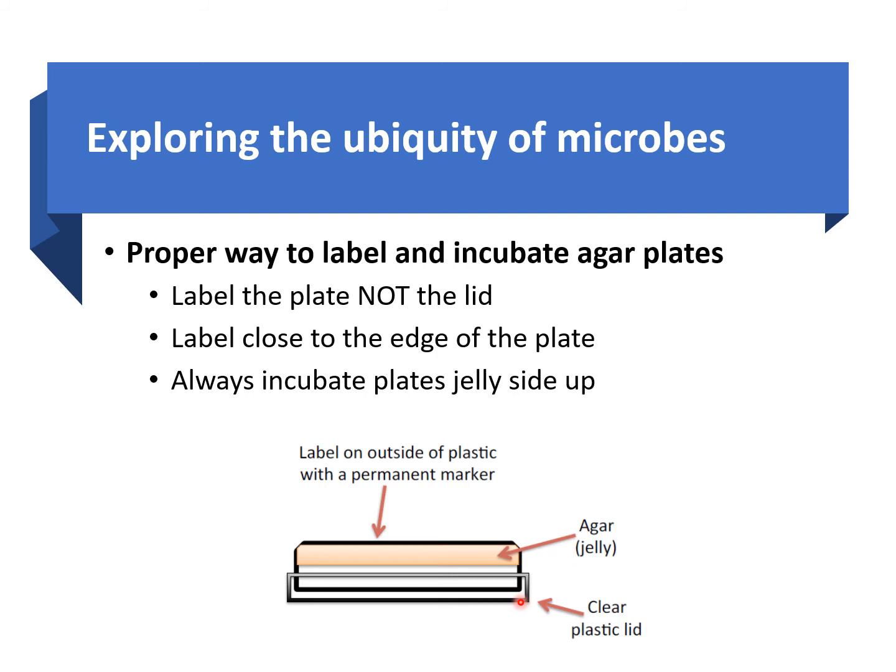If your lid is on top of that jelly, all of that condensation on your lid is going to start trickling down onto your jelly. And water coming down on the agar can actually cause contamination. So to prevent any of that water condensation from getting onto your agar, we have to place the agar side up.